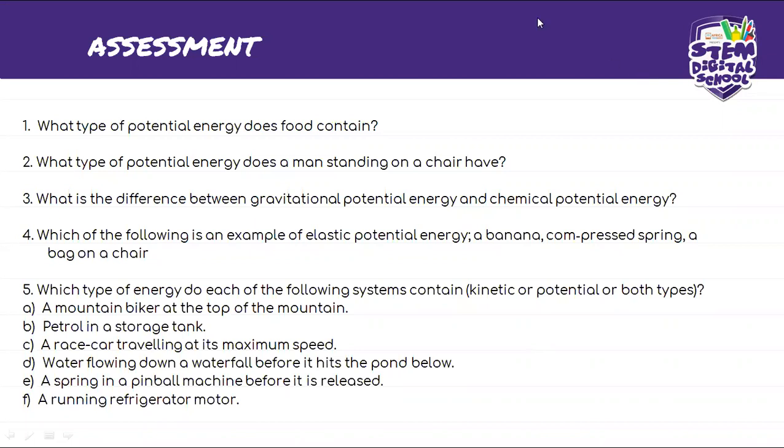Keep your answers coming through. Okay, number one is chemical potential energy. Okay, let's proceed. You can proceed to question two. So when you get to question two, we will make sure that all of us are in line so that we can move together.